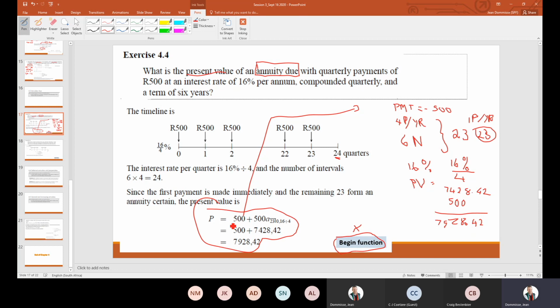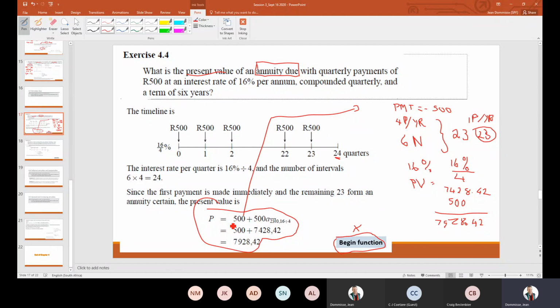Again, very important: I know on the HP, I can't just switch the begin function on and off. I need to again say second function begin to cancel it out. Just so that if there are other questions following up on this, you don't work with a begin function.